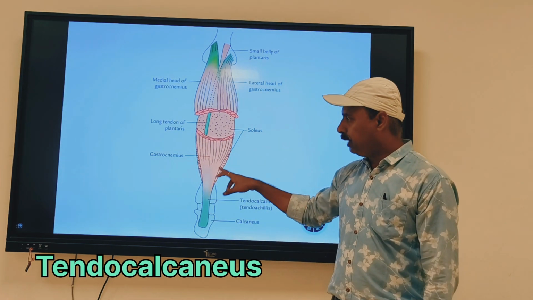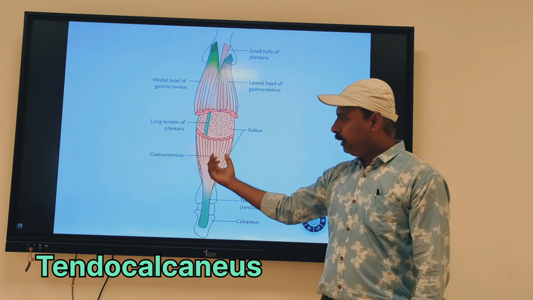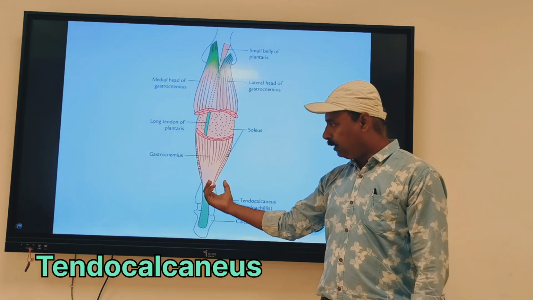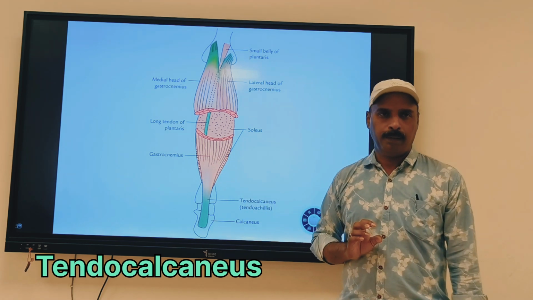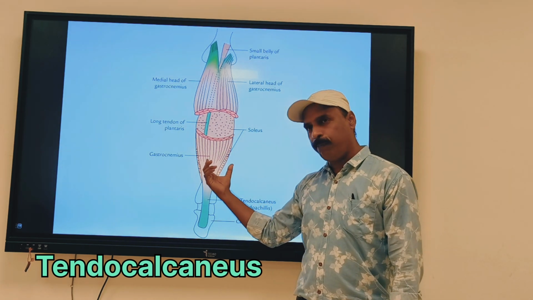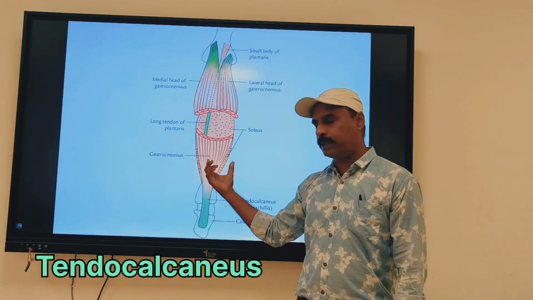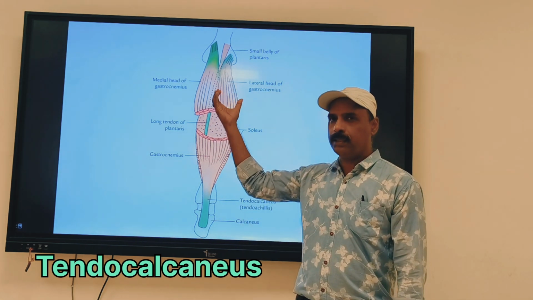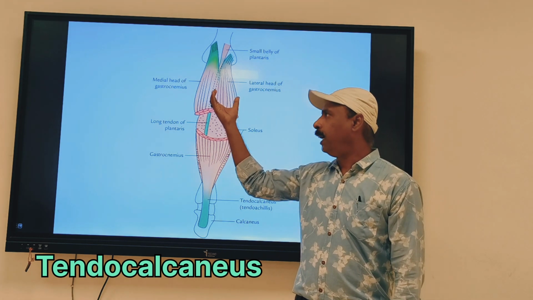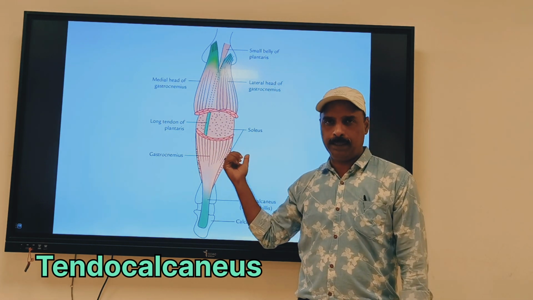You can differentiate here that the gastrocnemius tendon is covered by the soleus muscle in the lower part. Lower down we have a few more fibers running downwards, that is the soleus, and the tendon above is expanded, which we call the gastrocnemius.